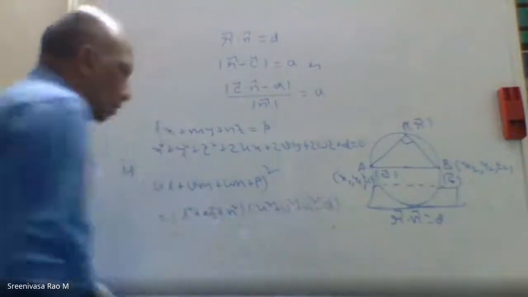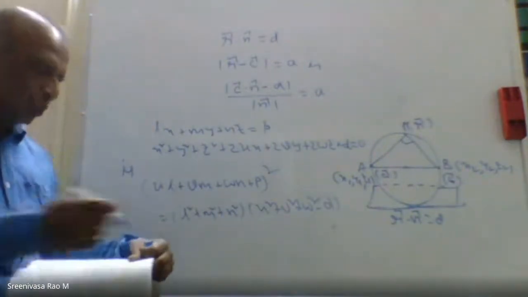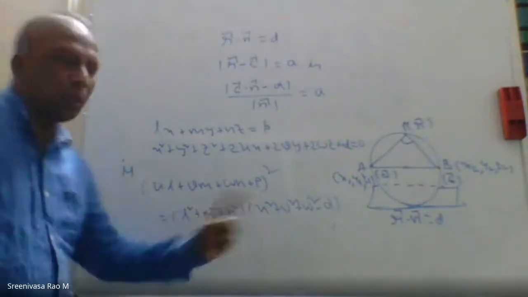This is nothing but r square. So, (l square + m square + n square)(u square + v square + w square minus d). You should not worry about remembering this.